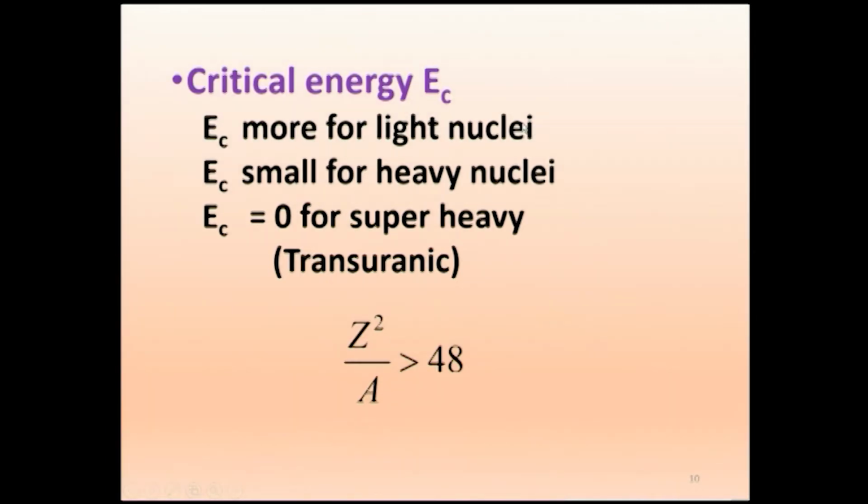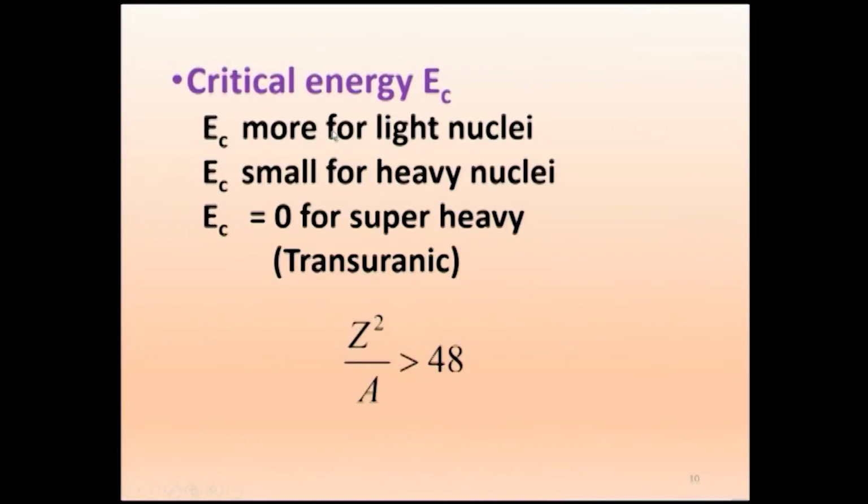For example, take calcium 20, 40. Calcium has proton number 20, which is a magic number, and the neutron number is also 20, which is a magic number. So it is a doubly magic nucleus, a very stable nucleus. It is a light nucleus because the mass number is only 40.